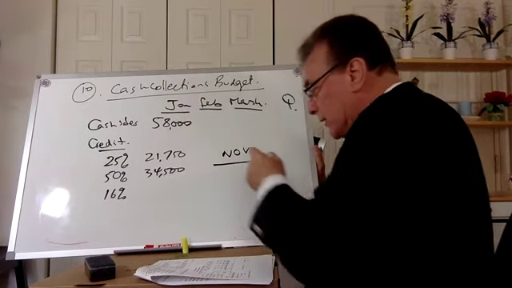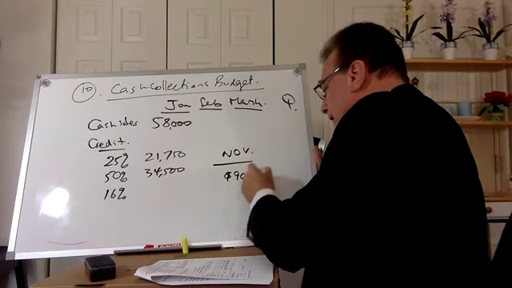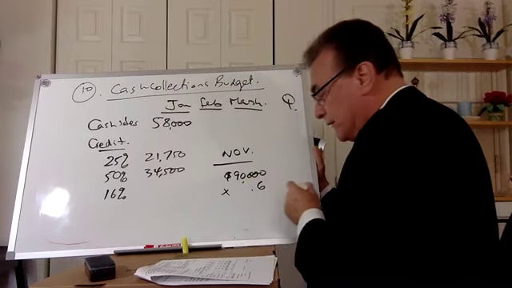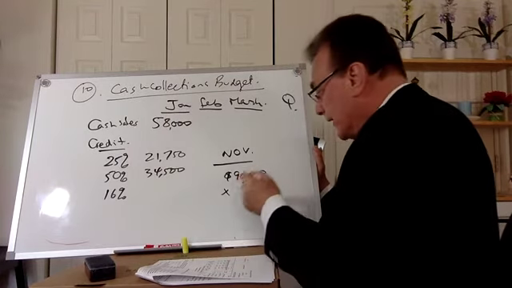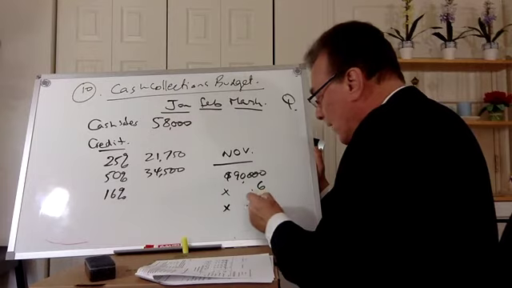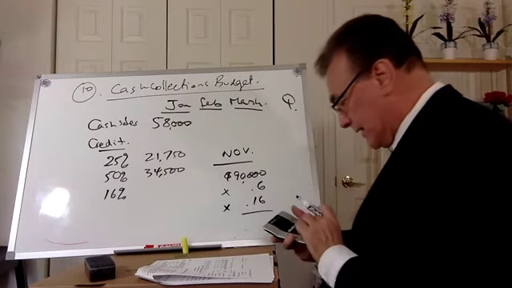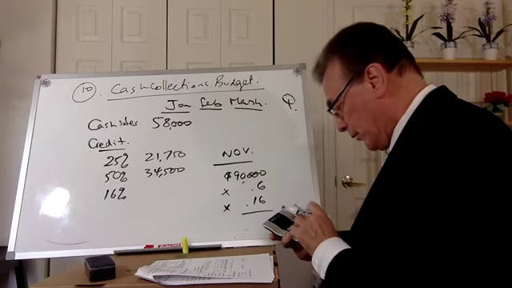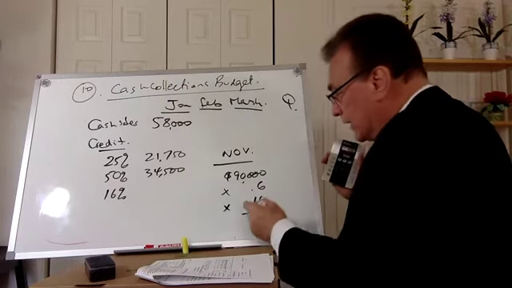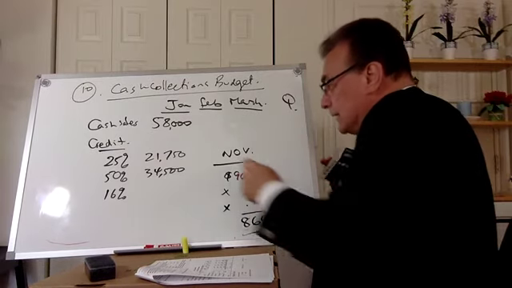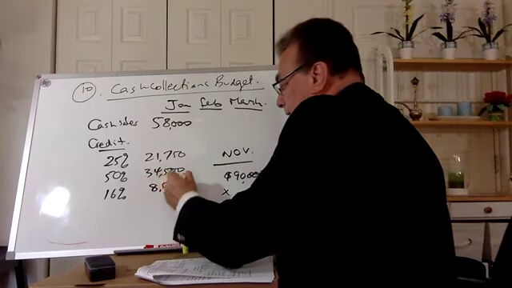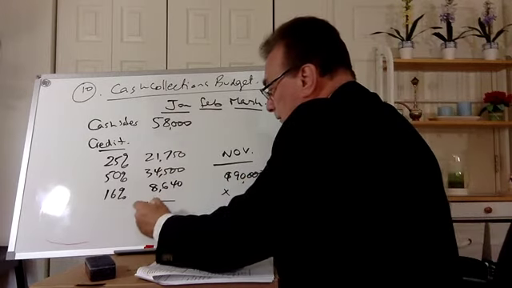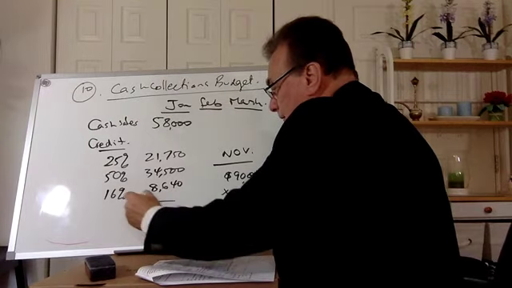November sales were 90,000. Once again, multiplied by 0.6 for the credit sales, and then multiply this time by 0.16 because that's what they collect 2 months after. So 90,000 multiplied by 0.6 multiplied by 0.16 equals 8,640. And so you put your 8,640 there. Total up January, that's 122,890.